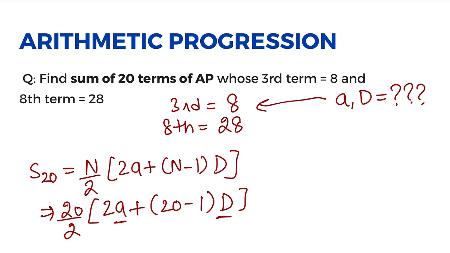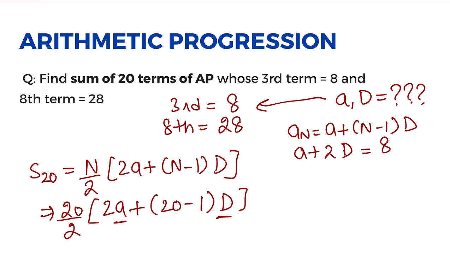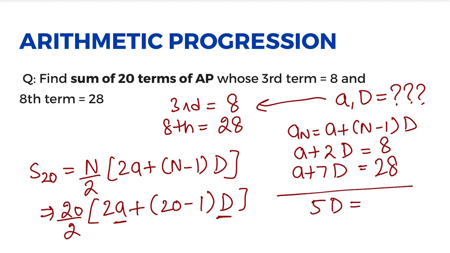How? You know the nth term of a series is what? a plus n minus 1 into d. So what will be the third term? The third term will be a plus 2d is equal to 8. The eighth term will be a plus 7d is equal to 28. I'm just making it quick because I'm hoping that you are able to grasp the formula. Correct? So solving these two equations, you can see that 5d is equal to 20, d is equal to 4.